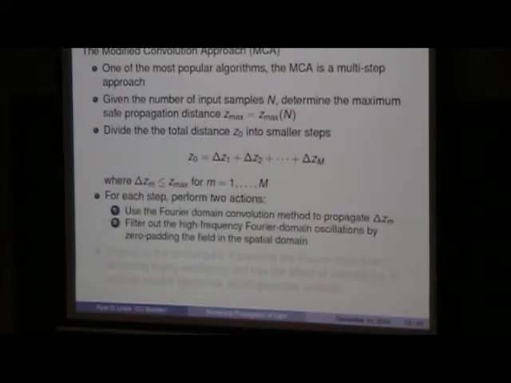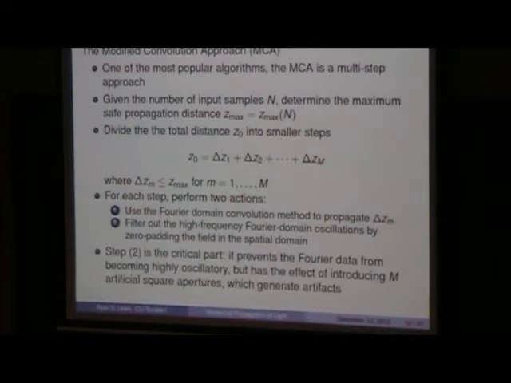Then for each step, we do 2 things. First, we propagate the distance delta Zm, and then we do a zero padding operation in space. The zero padding operation in space has the effect of filtering out the high frequency oscillations in the Fourier domain. So step 2 here is the critical part. It does what we've wanted.